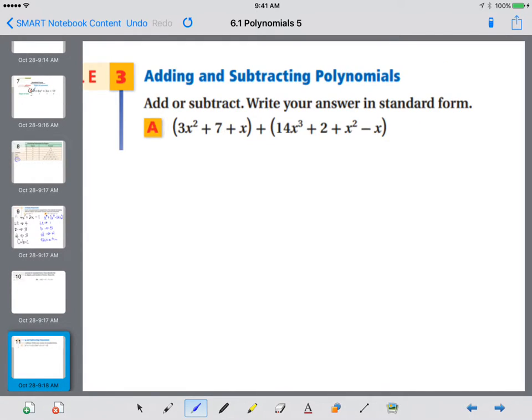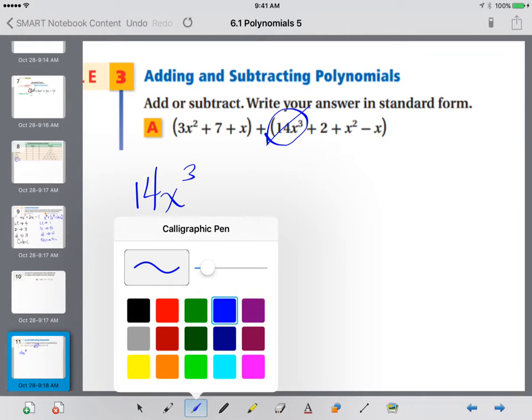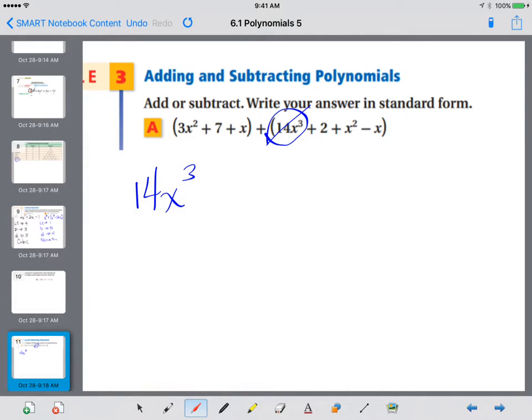Adding or subtracting polynomials. To add, all you need to do is combine like terms. Write it in standard form, so when we start to combine like terms, we look for the highest power. Highest power here would be 14x to the 3rd power. Nothing to combine it with, so we're done with our powers of 3. Let's go on to powers of 2.